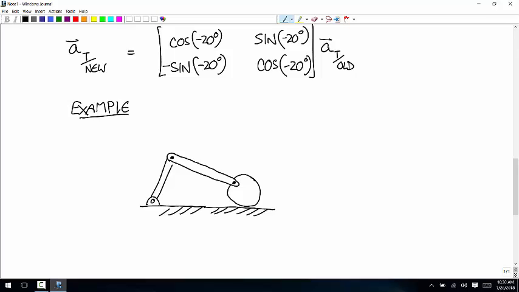Okay, how about that? You could use what you know about the motion of the wheel to figure out the acceleration of that point. That would involve rolling without slipping, circular motion, relative motion. We could do something like that.